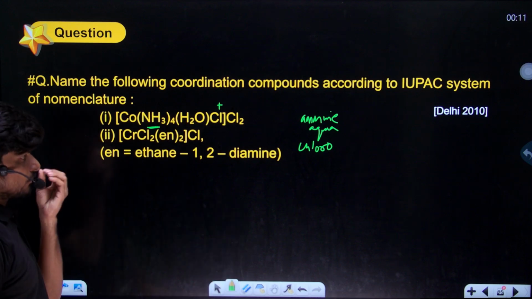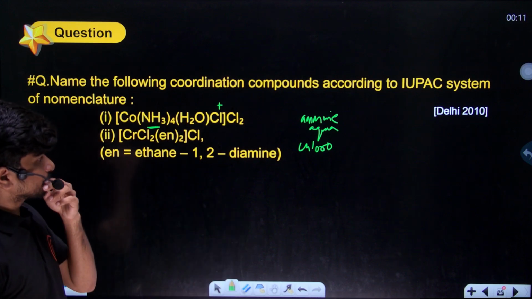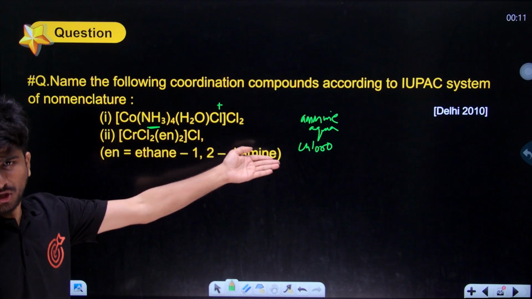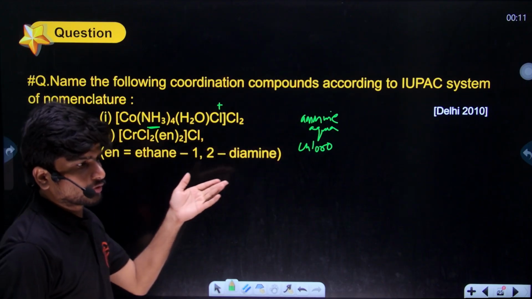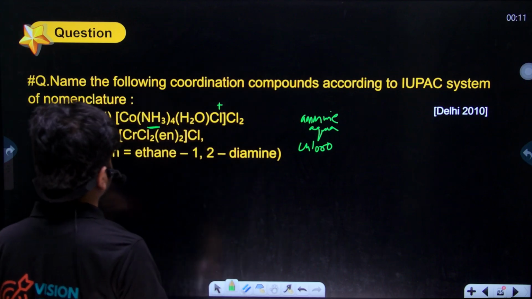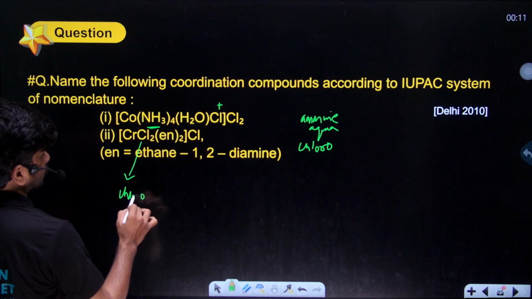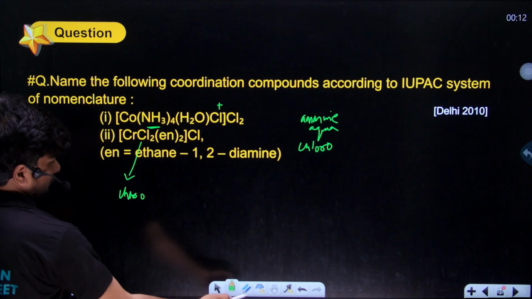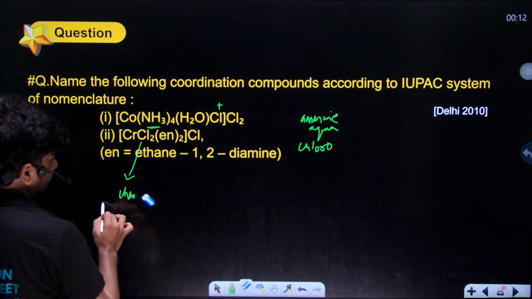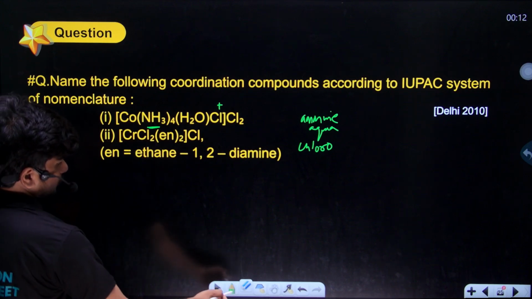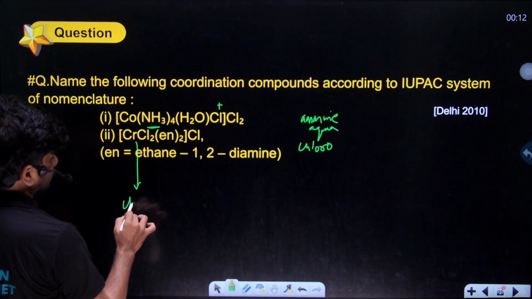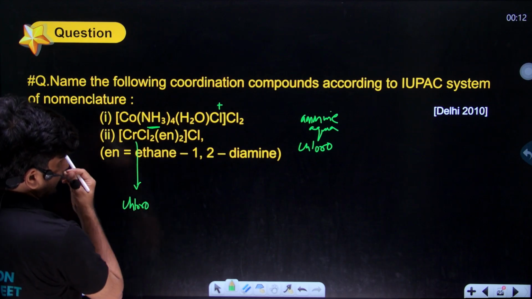So you have chloro. Again here, you can write chloro or chlorido also. That is not an issue. Chloro or chlorido, both are same here. Next for this, chloro. Remaining part you need to write it on your own, because this is very easy to write, right? Chloro. What are the ligands present?